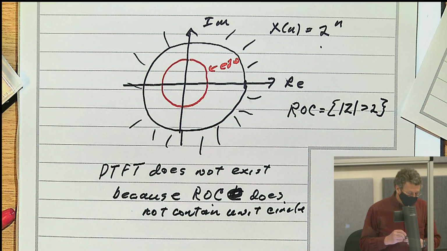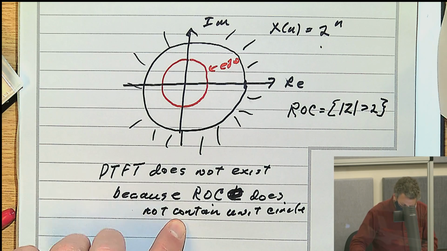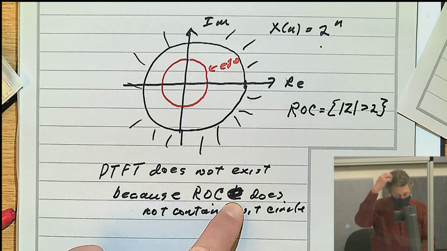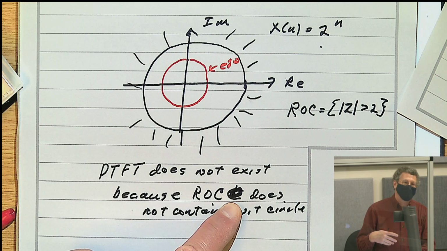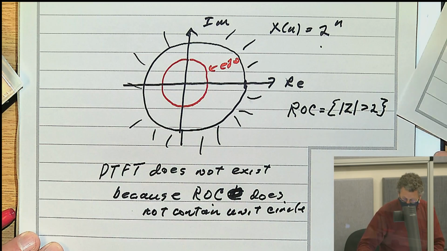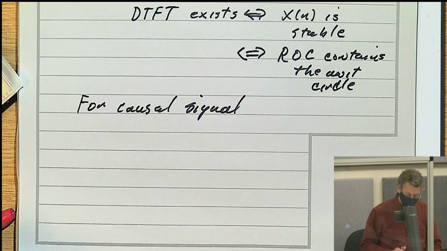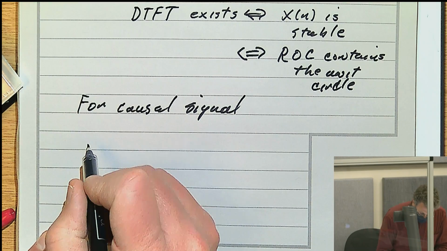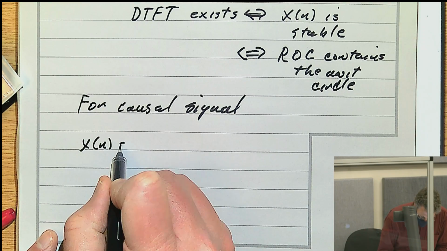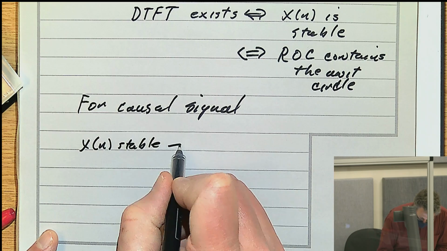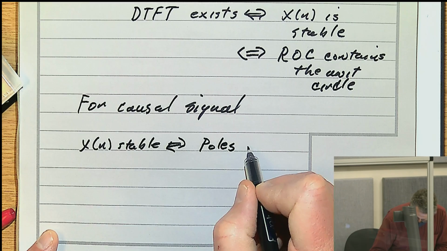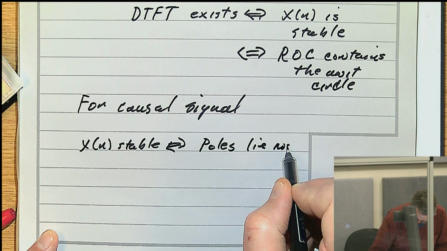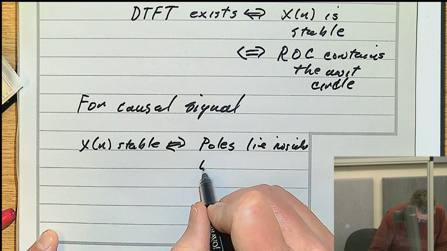That's the general result. The more specific thing you may have heard is that the signal is stable if the poles are inside the unit circle, and that's true for causal signals. For causal signals, x is stable if and only if the poles lie inside the unit circle.